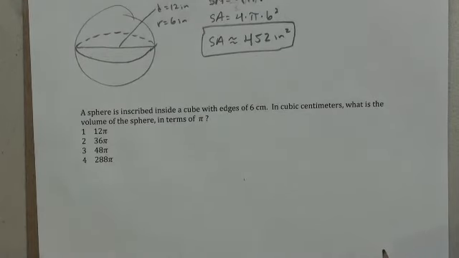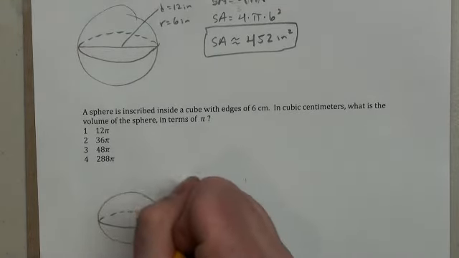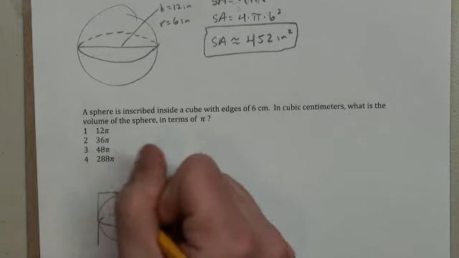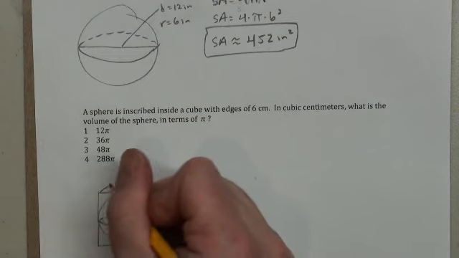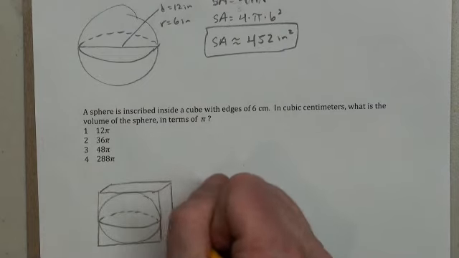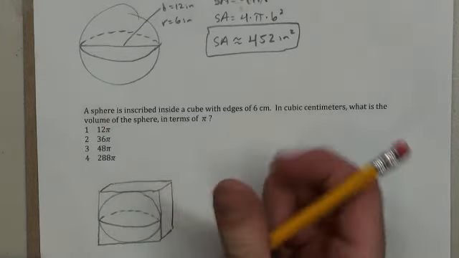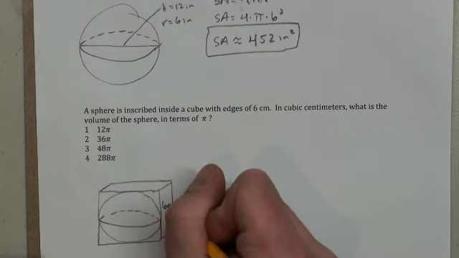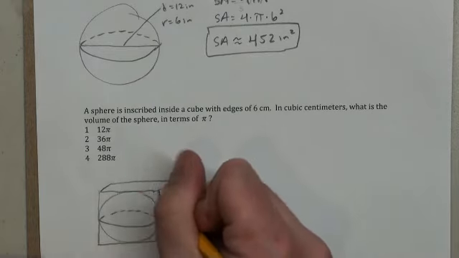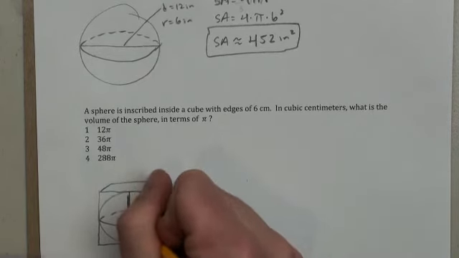A sphere is inscribed inside a cube with edges of 6 centimeters. So if you have a sphere, and this thing is inside a cube, and the edge of the cube is 6 centimeters, well, that's also the diameter of the sphere, right?